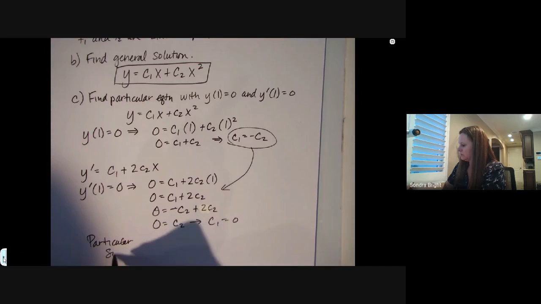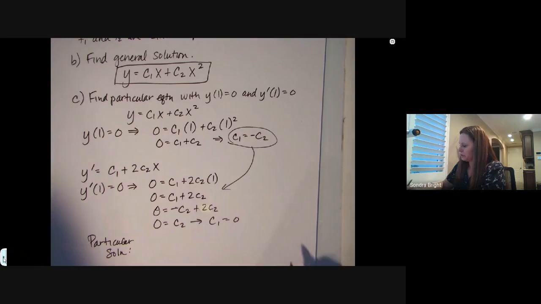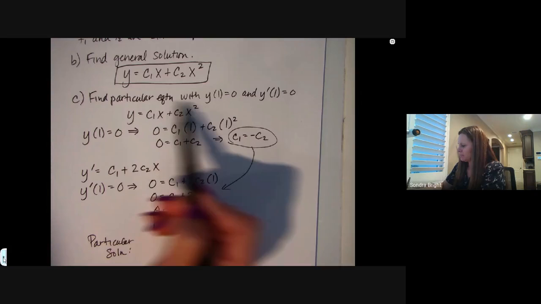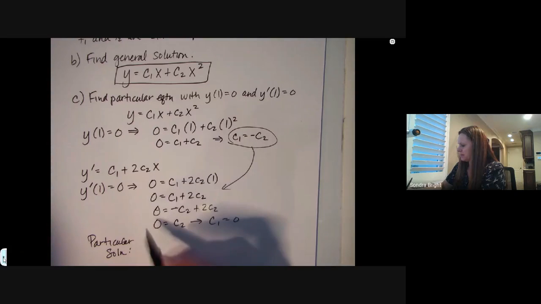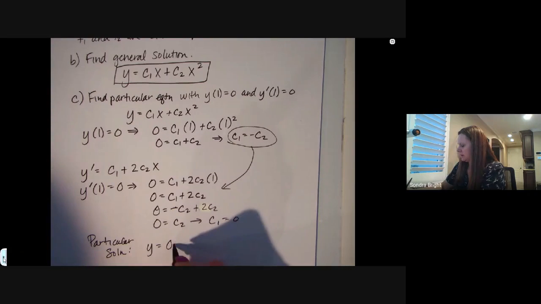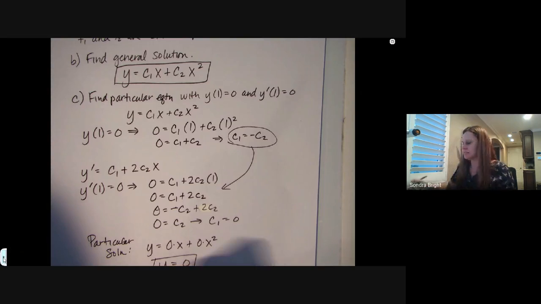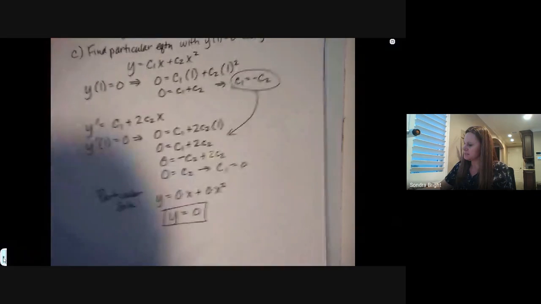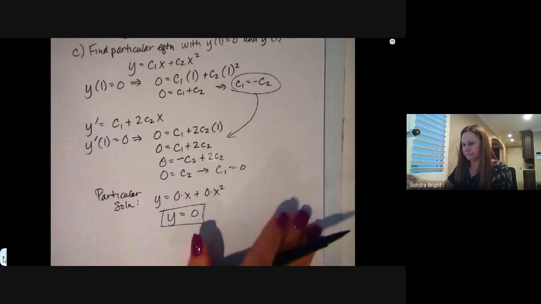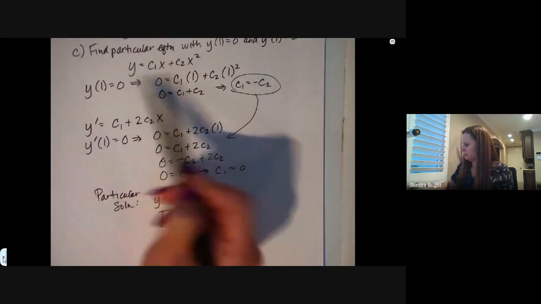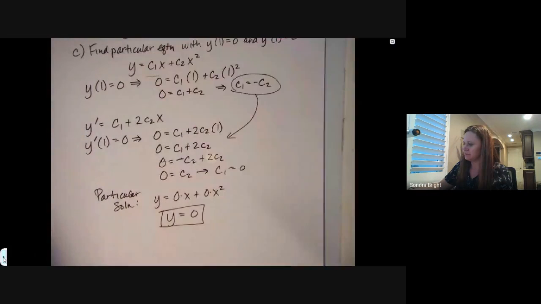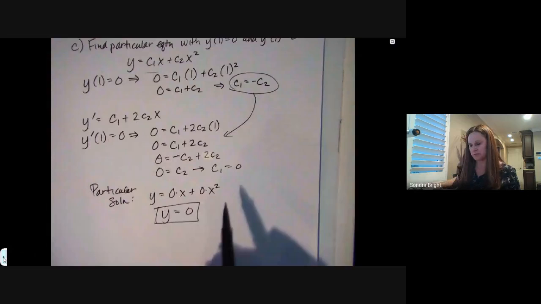Well, here was our general solution, but my c1 is 0 times x, and my c2 is 0. And so it's just y equals 0 is the particular solution that satisfies the differential equation when given these particular values.